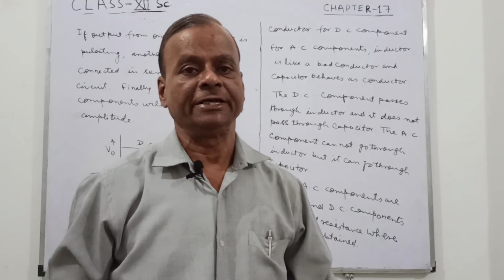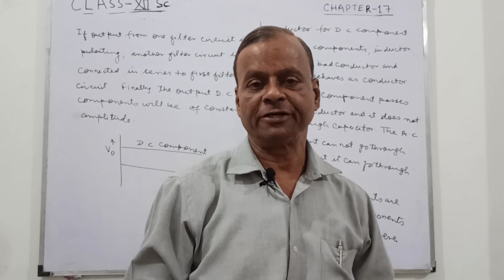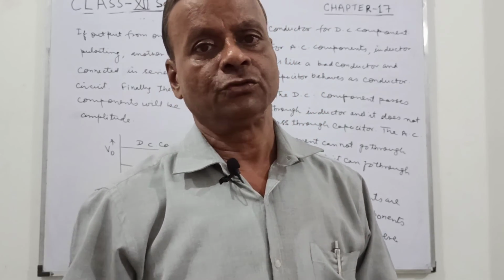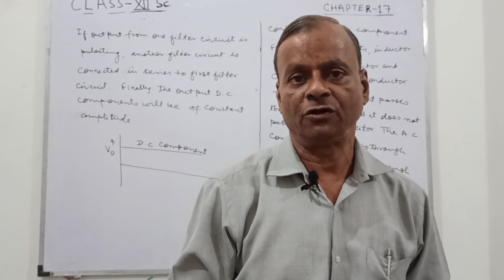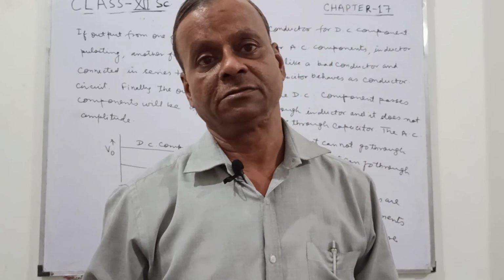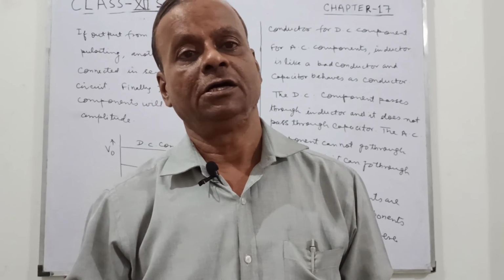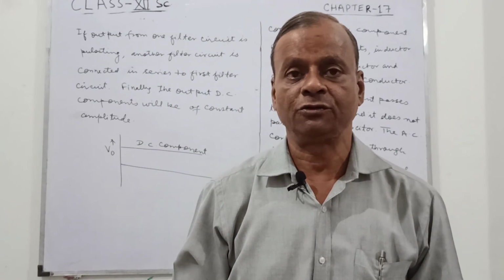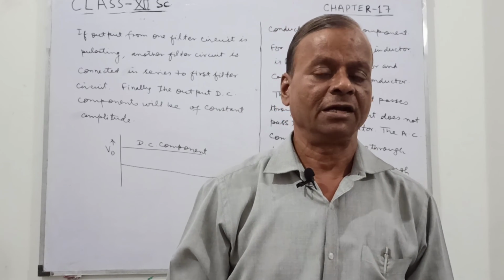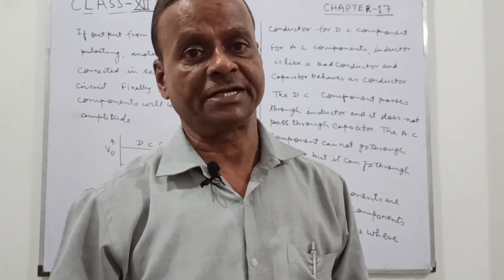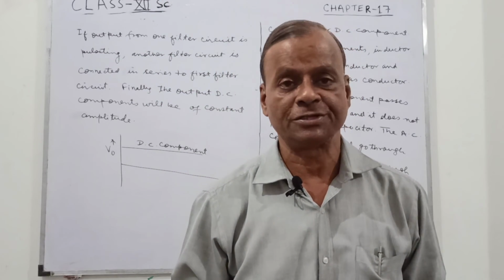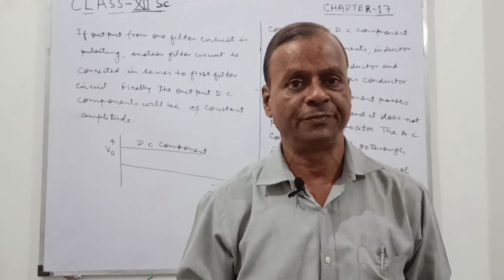So actually the output obtained from the rectifier is not perfectly DC. It is the mixture of AC and DC components, and so the filter circuit is needed to stop the AC components and to allow only the DC components. So when from one filter circuit the output is again pulsating, then we add the next filter circuit.